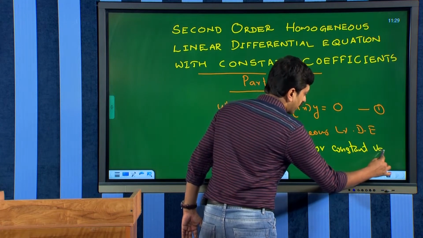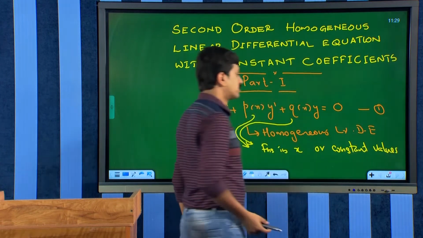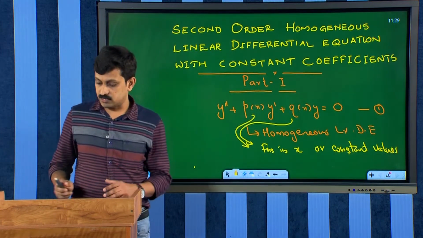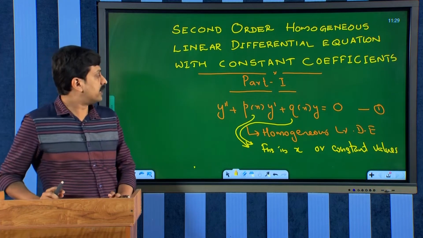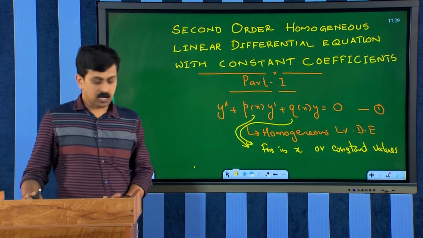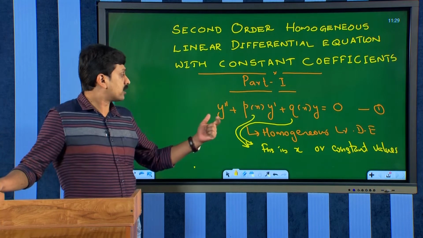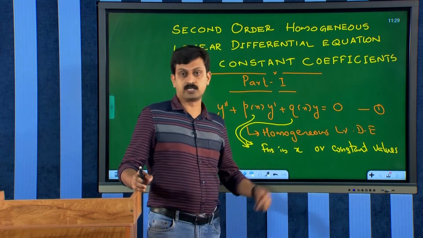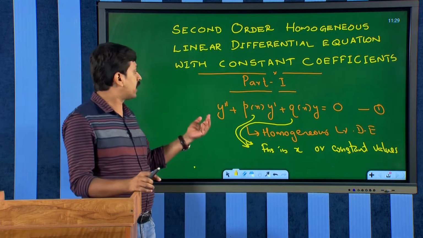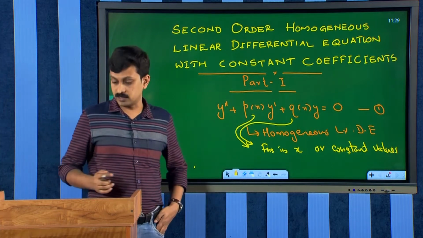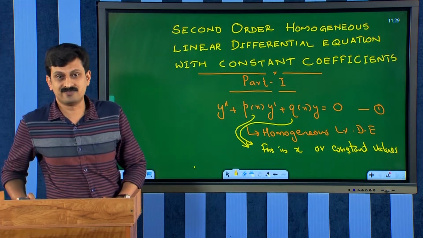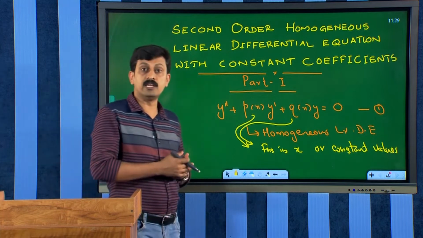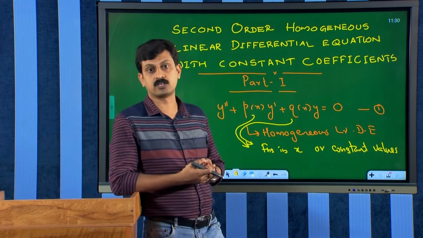Our discussion is on the case where the values are constant, that is, a y double dash plus b y dash plus c y is equal to 0.